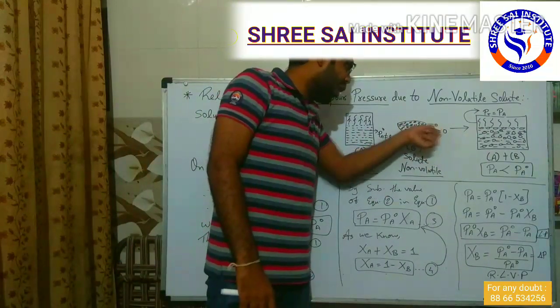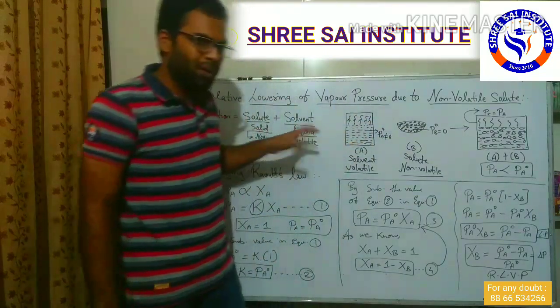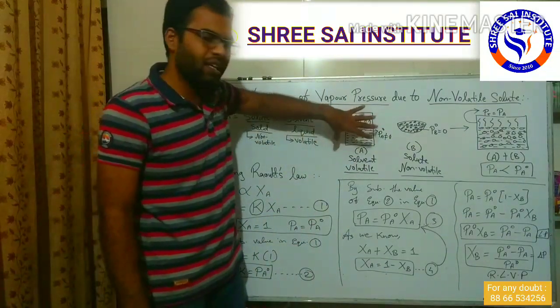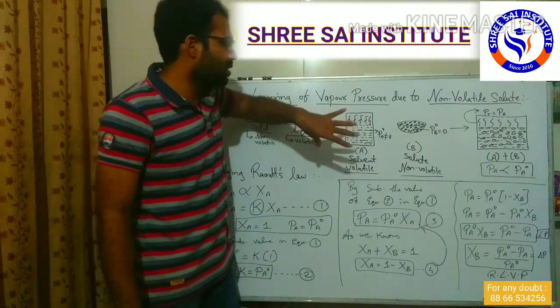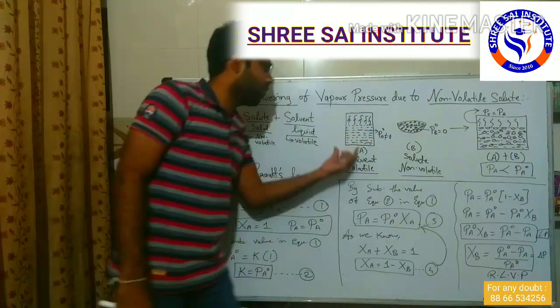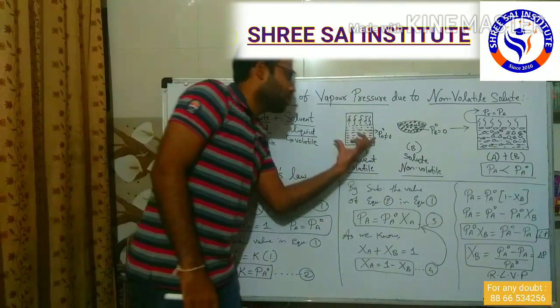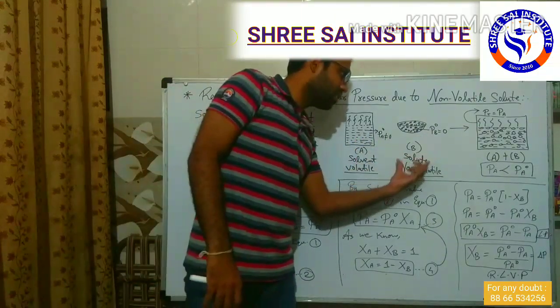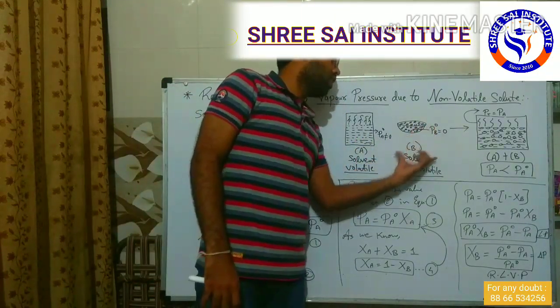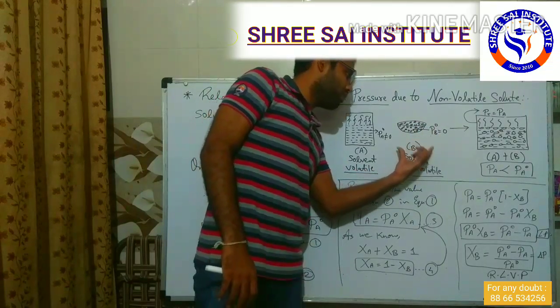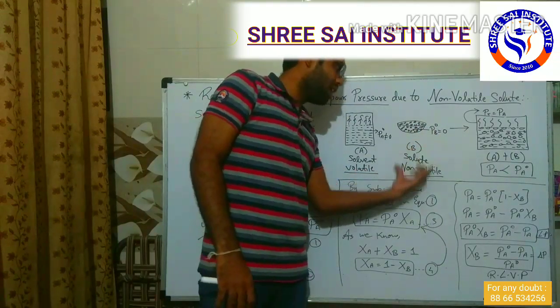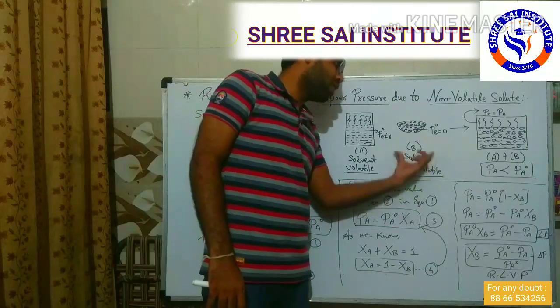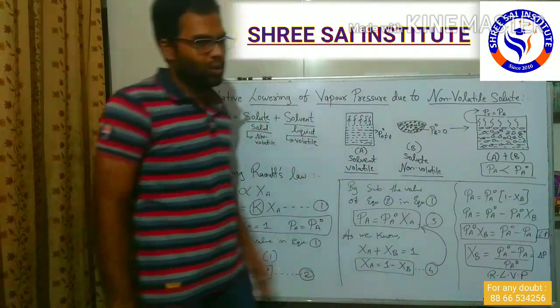Here, in the pure component, there is no mixture in it. The vapor pressure of the pure solvent does not equal zero because it is volatile. But the vapor pressure of B, having non-volatile nature, is equal to zero.